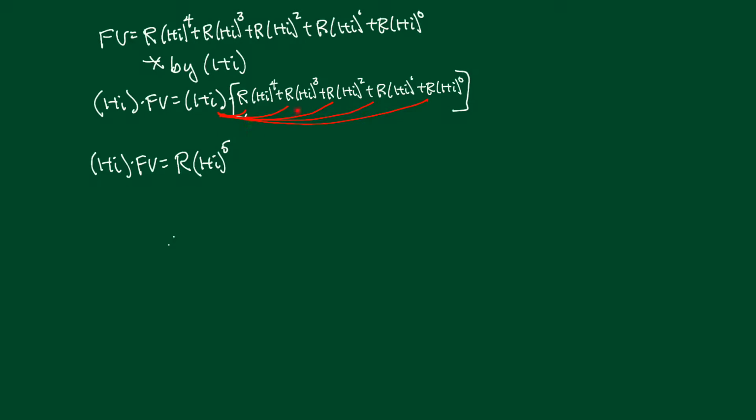Then multiplying over here, in that second term, you got R, and then 1 plus i times 1 plus i to the 3rd is going to be that R times the 1 plus i to the 4th, plus, now keep on going, right? 1 plus i times the 1 plus i squared, you're going to get R times 1 plus i cubed, plus R times 1 plus i squared, plus R times, now what do you get here? 1 plus i times 1 plus i to the 0. So you get a 0 plus 1, so that just now is a 1. 1 plus i.